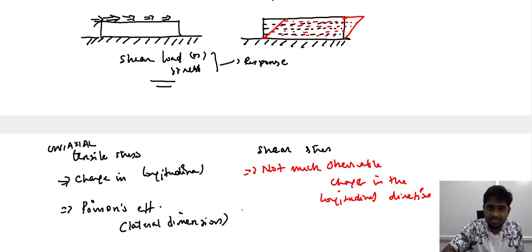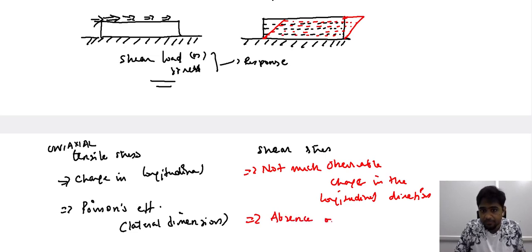However, when you consider again the response offered by the material to the shear stress, no such change in the lateral dimension is found. There is a complete absence of a change in the dimension along the lateral direction, a complete absence of the Poisson's effect.